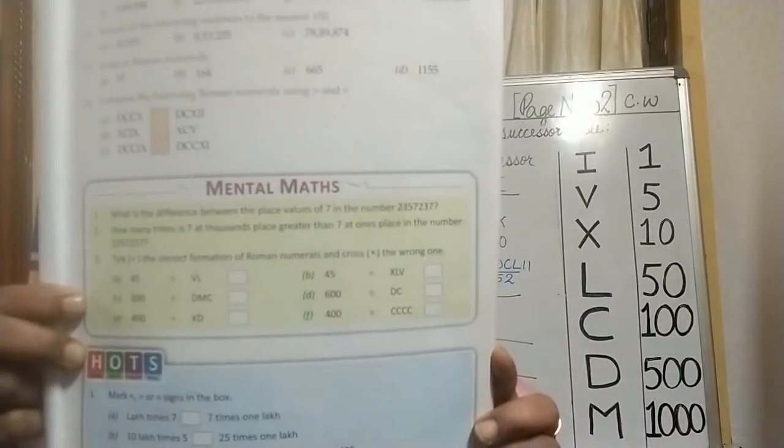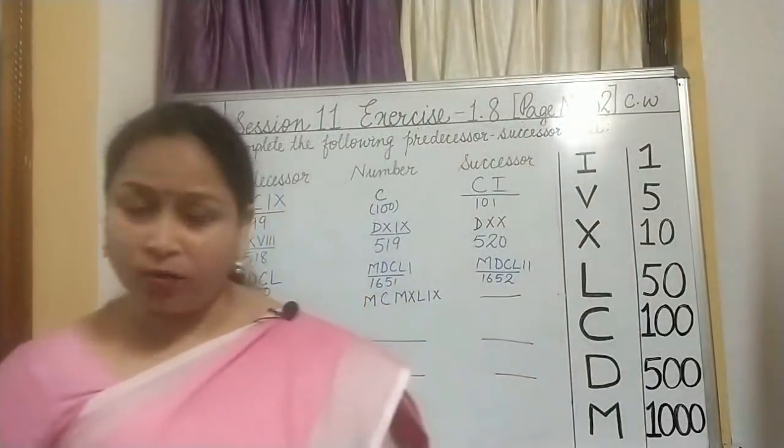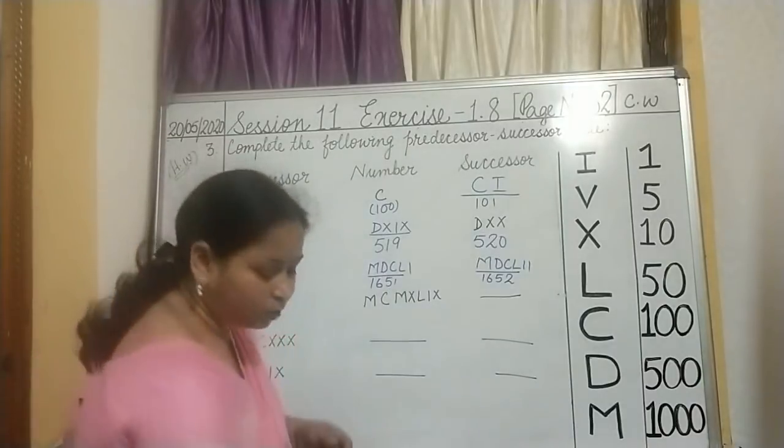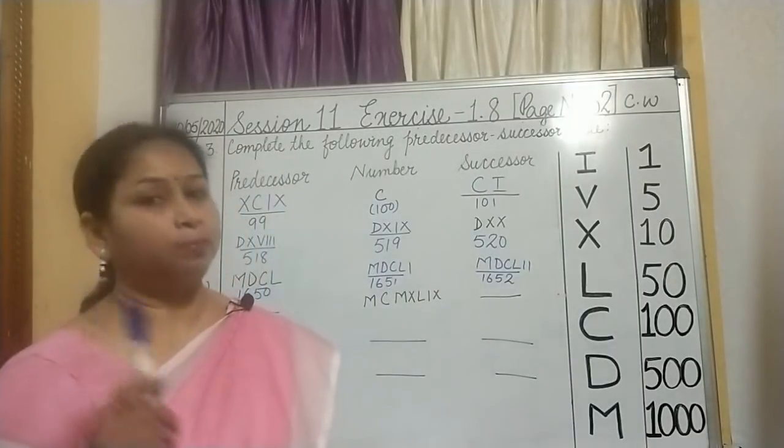Is it visible? Question number 15 and 16. These two questions along with today's work, you have to complete in the book itself. And while you are writing in your book, you have to use pencil.